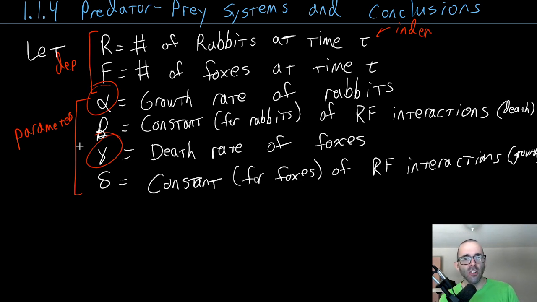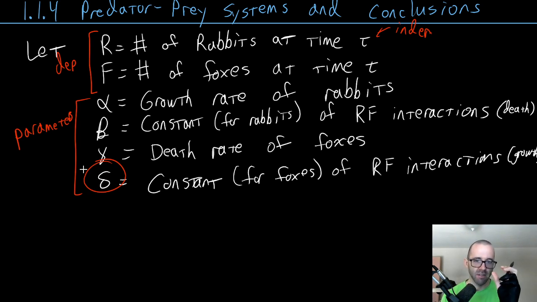Similarly, we're not going to really have a growth rate for the foxes because we're going to have the foxes essentially grow based on some constant relating the rabbits and the foxes. And that will have a similar constant for the rabbits. The more interactions between these rabbits and foxes, that's more food for the foxes, more deaths for the rabbits. And it turns out you can get something pretty interesting.